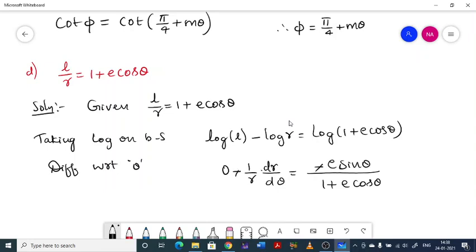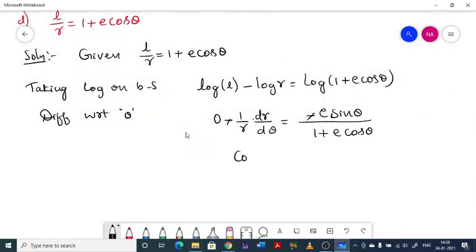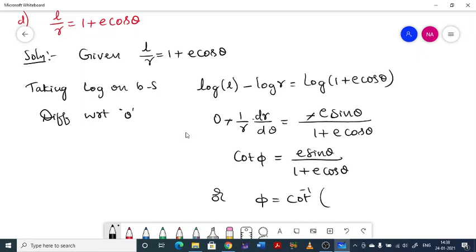So this sign gets cancelled with this, we get cot phi equal to e sin theta divided by 1 plus e cos theta, or phi equal to cot inverse of e sin theta divided by 1 plus e cos theta. So this completes the solution of problem D.